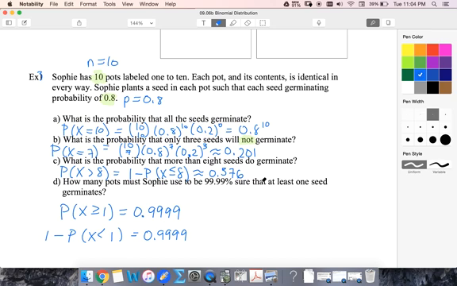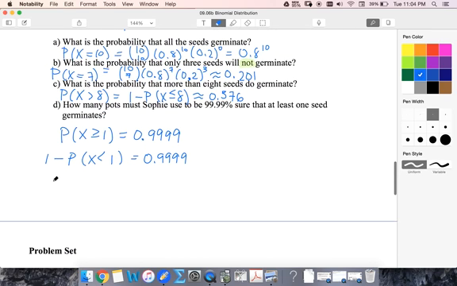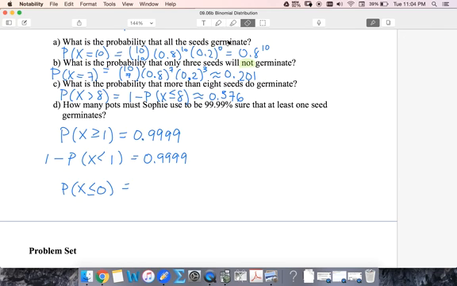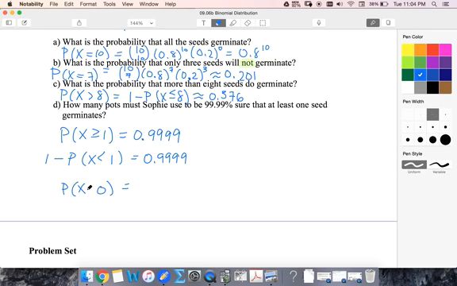All right, so that means the probability that x is less than or equal to 0, we could say. Of course, that's just going to be x is equal to 0. So exactly equal to 0.0001.